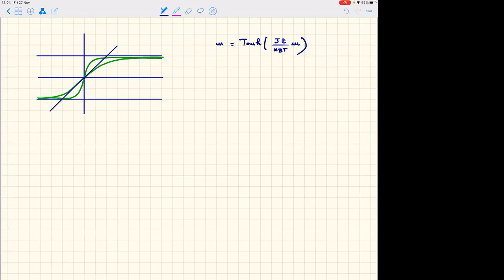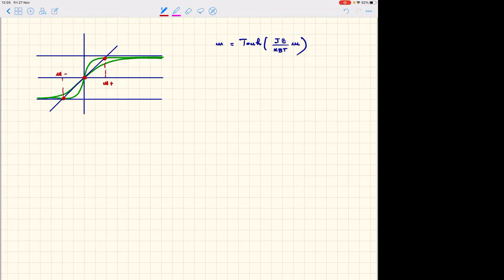So if the slope is greater than 1, which means that you are below the critical temperature, then you have three solutions to this equation. This one is m equals 0, which is going to be a maximum, and these are going to be the two symmetrical minima, m plus and m minus.